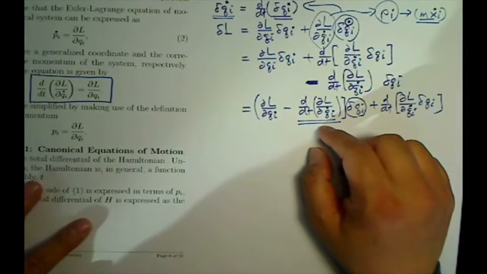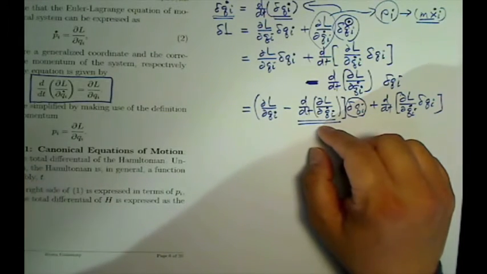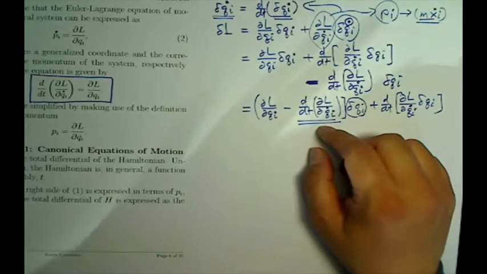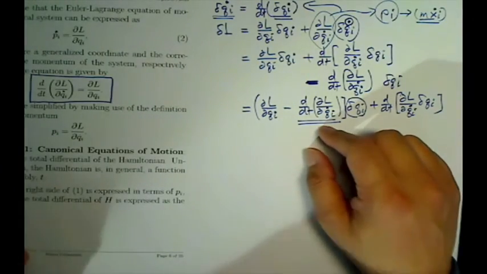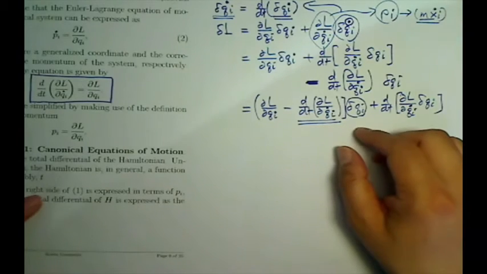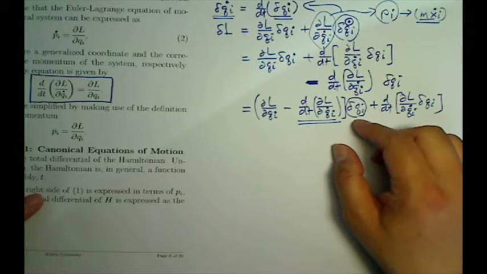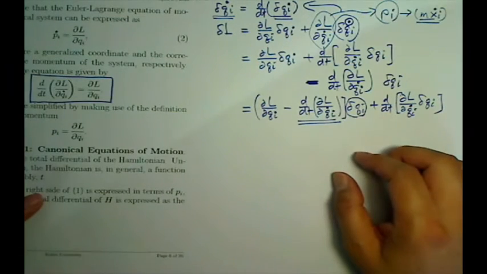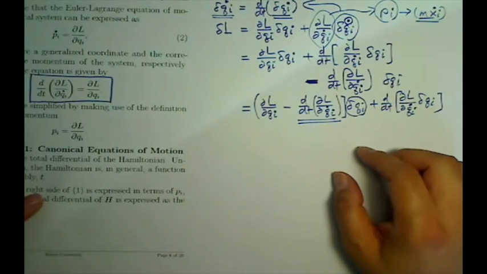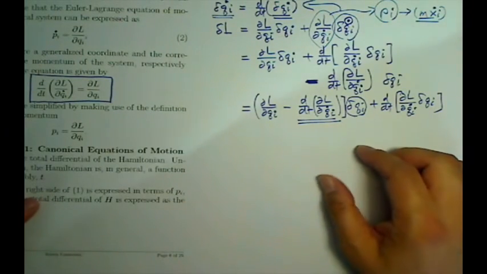At the end of the day, you'll find the Hamiltonian equation is not a second order differential equation, but coupled first order equations, two equations. One of them is along the variation of q, and the other one is according to the variation of the corresponding conjugate momentum pi.